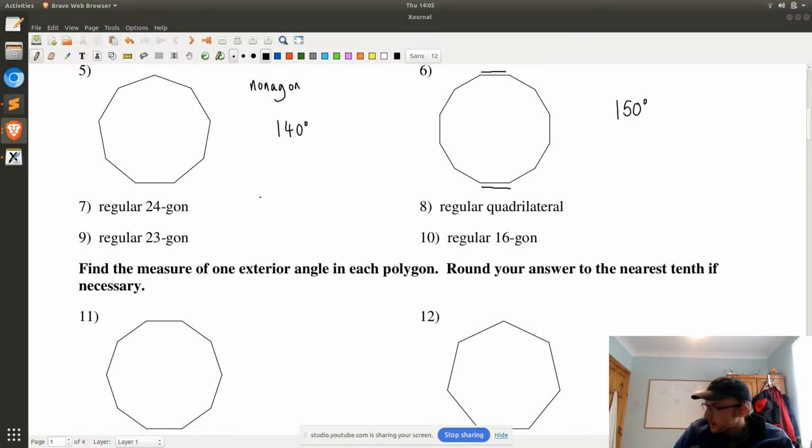Yes, that's correct. 3,960. And then divide that by 24. 3,960 divided by 24 is 165.